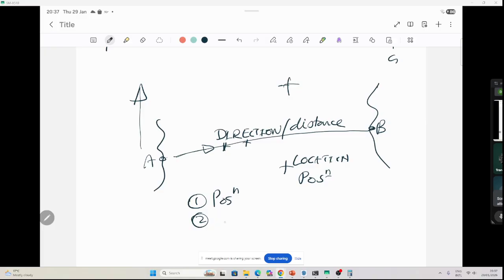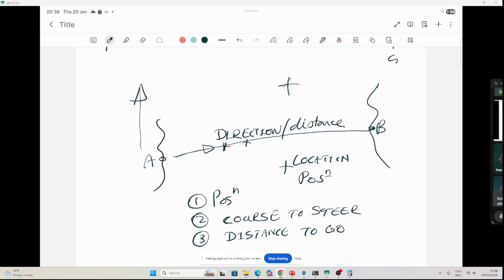We don't call it direction. You should know your course to steer. Number three, you should know your distance to go. Are we clear? Yes, sir. Right. So this is the navigator's job basically. If you can do these three things, you can reach from A to B.